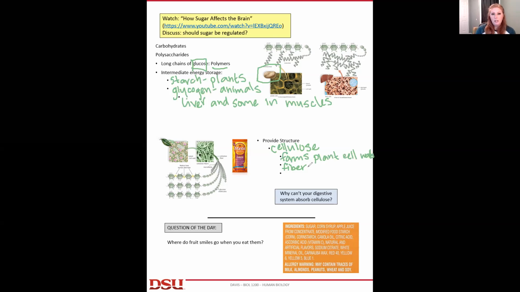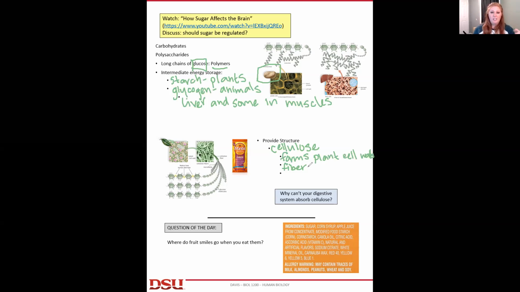In the case of cellulose or fiber that we consume, it is roughage truly in the sense that when you ingest it, it kind of, I'm trying to think of a non-disgusting way to say it, but I don't think there is one. It kind of acts as a cleaning system for your intestines.